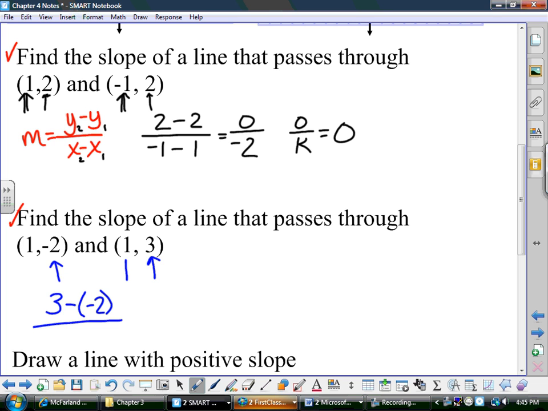But on the bottom of the fraction, when we do x minus x, we have 1 minus 1. So when we subtract, minusing a negative is actually like adding those 2 numbers together. So we get 5 over 0. And it is not okay to have a 0 on the bottom of the fraction. That is undefined.